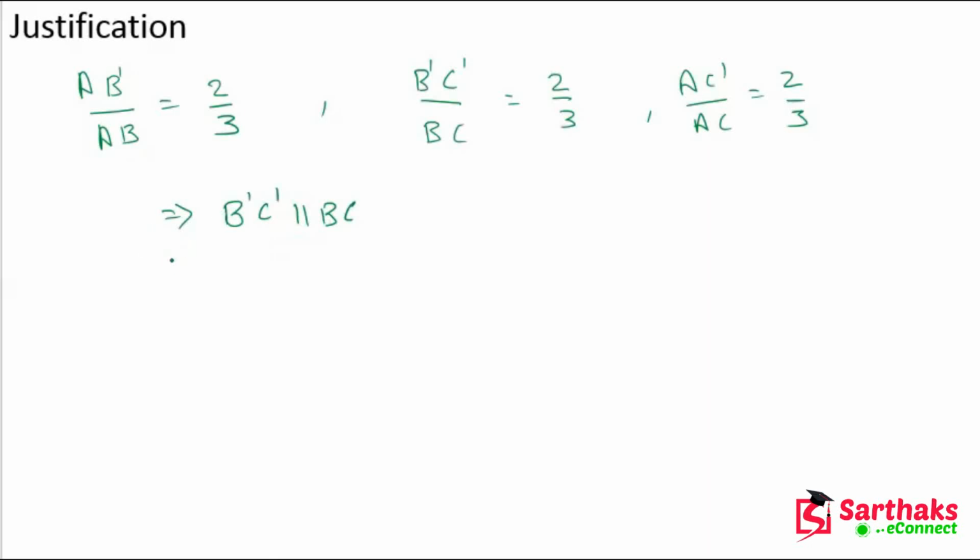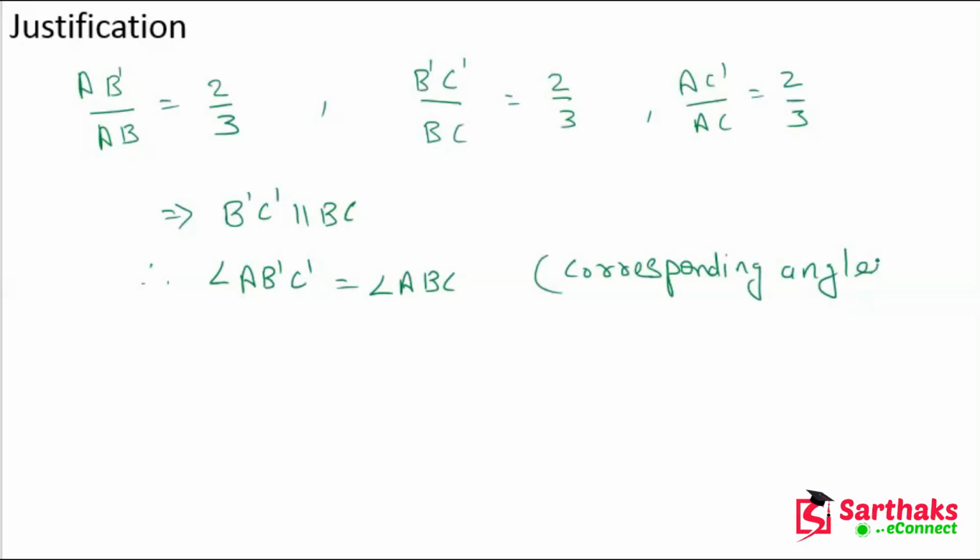So from this, angle AB dash C dash is equal to angle ABC. Corresponding angles are equal. And now in triangle AB dash C dash and triangle ABC.